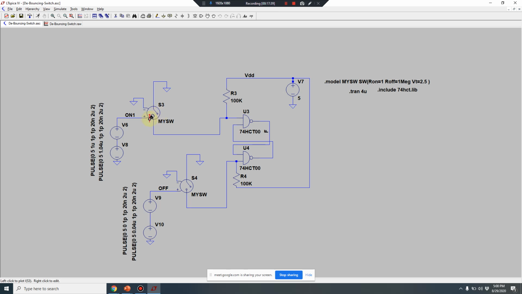Now it comes back again, makes a ground, it goes back; no matter how many transitions it makes, it doesn't matter. This will continue to remain at high because 0 is available from the output of the first NAND. So the moment the first time it makes a contact, this F will flip from 0 to 1 and it will continue to remain at 1. Now is this part okay, clear?